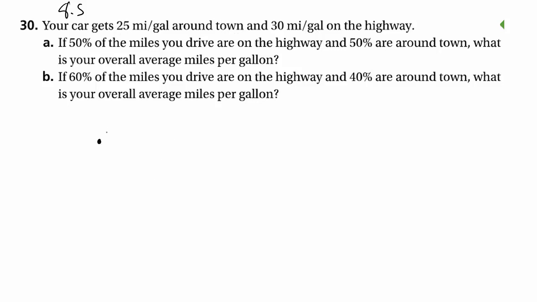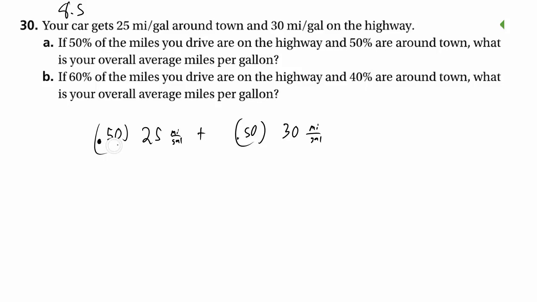But instead of assuming that'll be the average, the idea is this. You drive half going 25 miles per gallon, and then you drive the other half of the time going 30 miles per gallon.